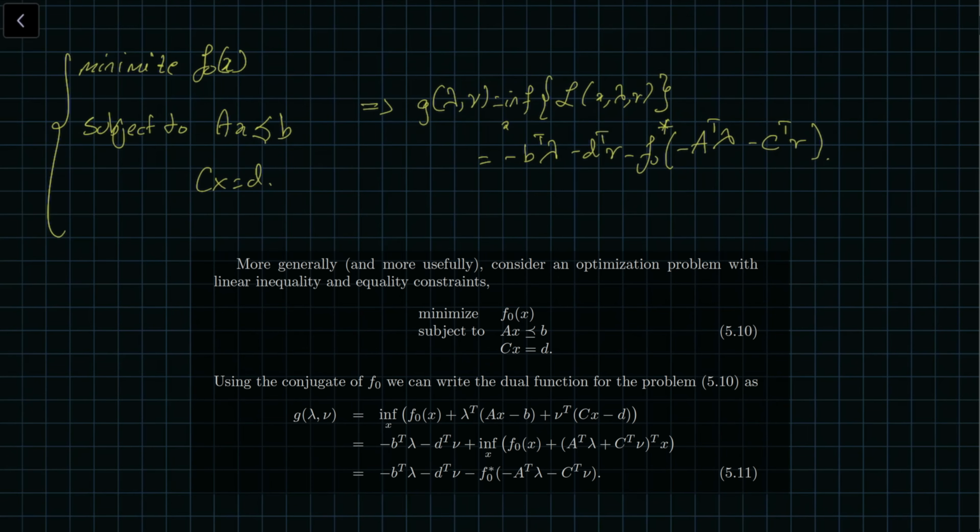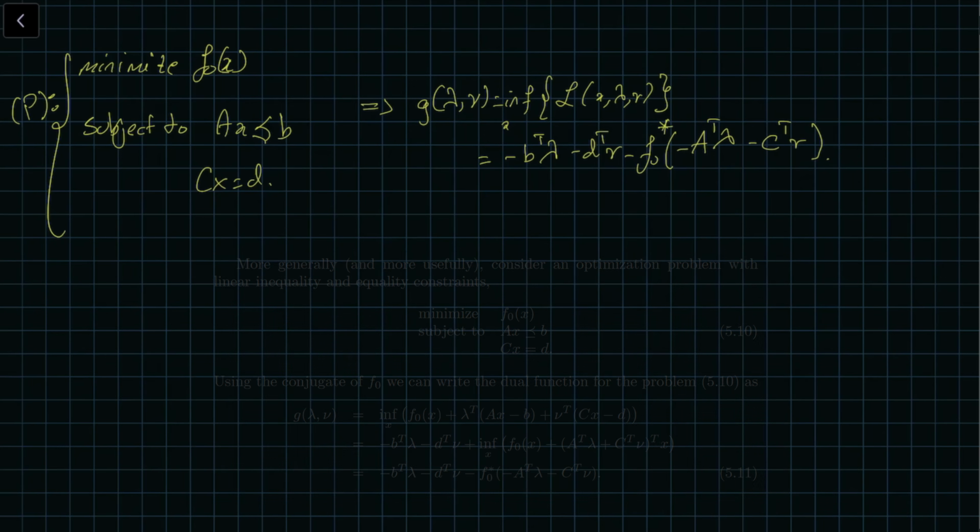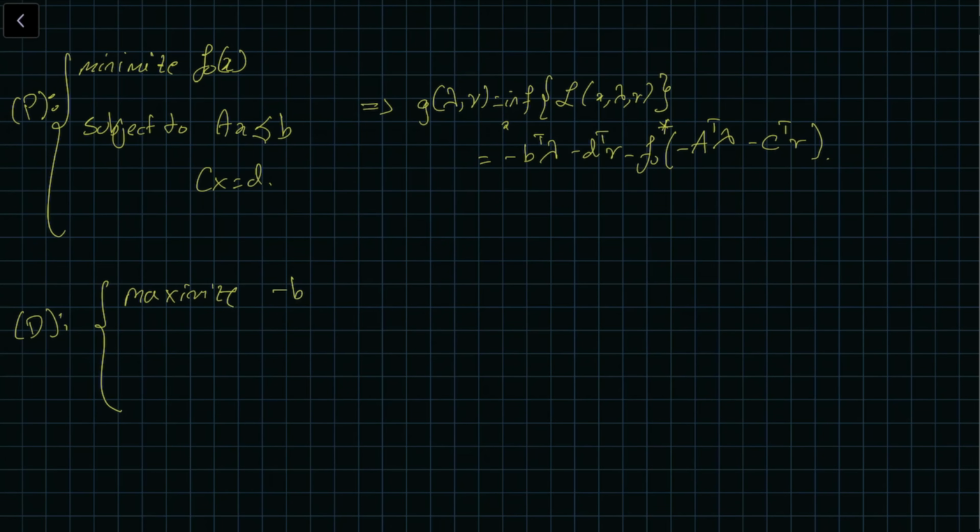Okay, so for this primal problem, we'd have the dual problem of maximize minus b transpose lambda minus d transpose nu minus f0 conjugate of minus A transpose lambda minus C transpose nu, subject to lambda entry-wise positive.